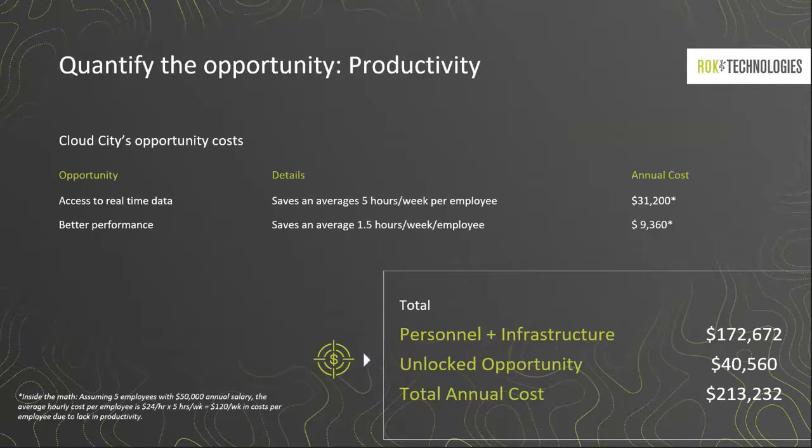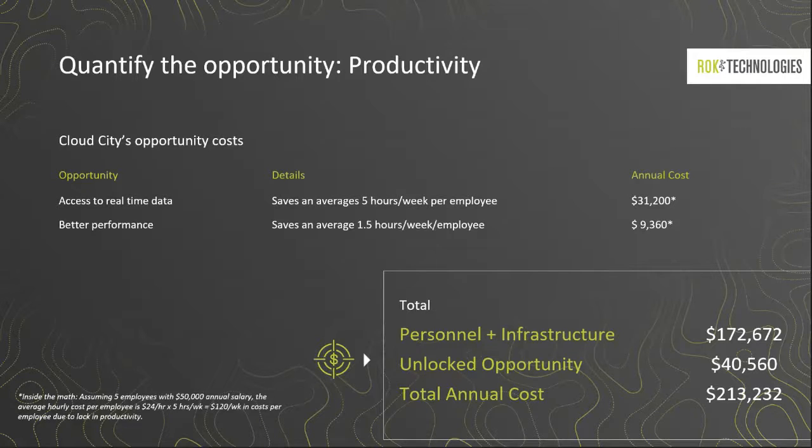So here's how Cloud City did it. They estimated the value of providing 5 employees access to real-time data. So they took the average salary of these 5 employees and they broke down their hourly rate, they multiplied, divided, they conducted some math, witchcraft, and what they came up with was an annual cost of roughly $31,200 every year to be able to collaborate in real time.